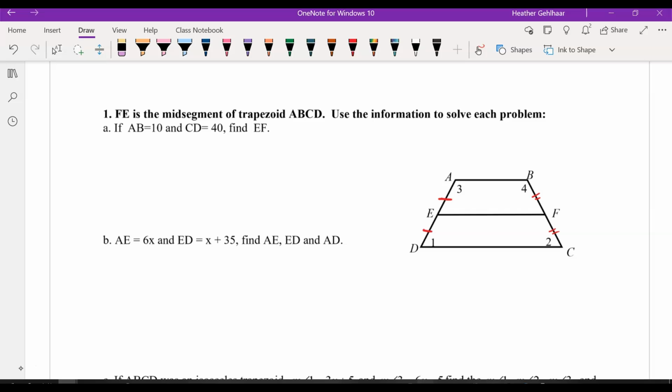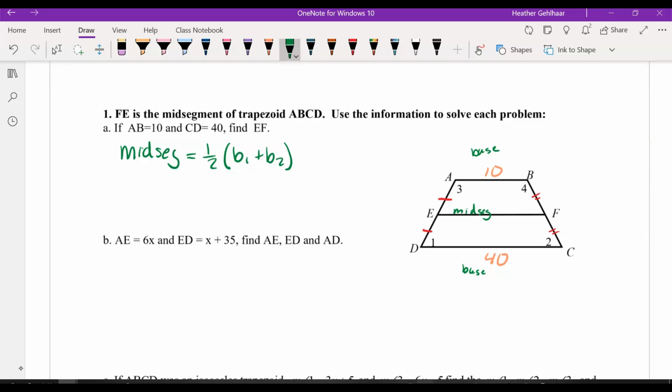Okay, so here it says if AB is 10 and CD is 40, well, remember, this is a base, and this is the midsegment. Okay, so we're going to use that formula. So midsegment equals 1/2 times base 1 plus base 2.